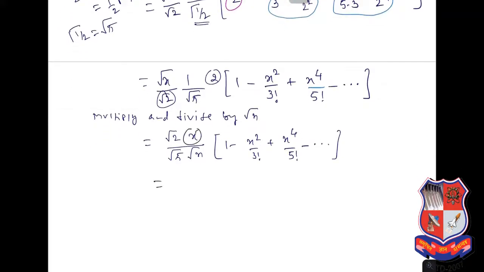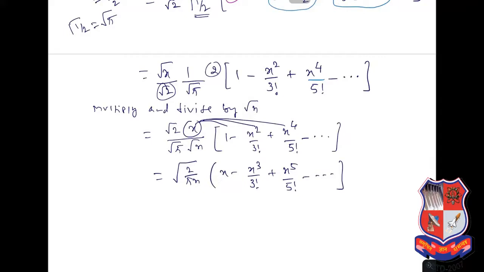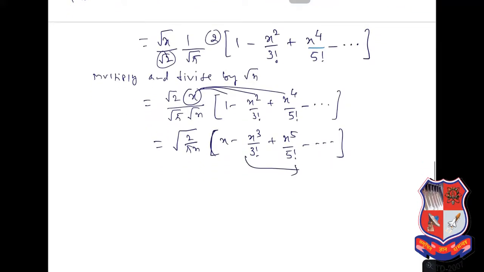Now let us multiply x here, so this is root 2 over pi x, and if I multiply x, this will be x minus x cube by 3 factorial plus x power 5 by 5 factorial, and so on, and this is the standard Maclaurin series of sin x.